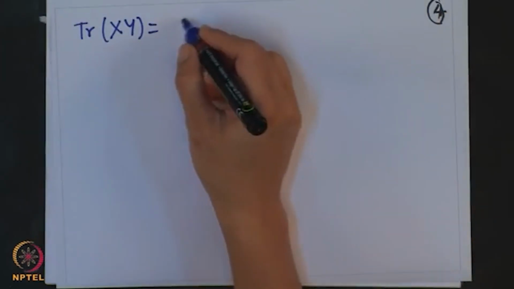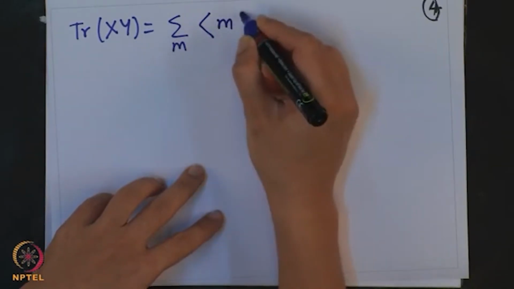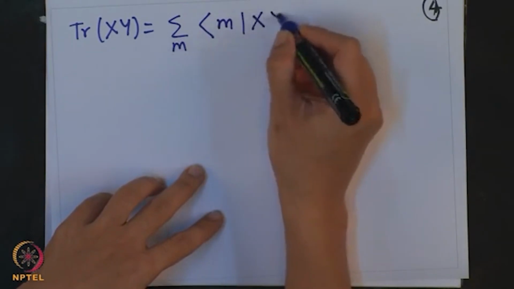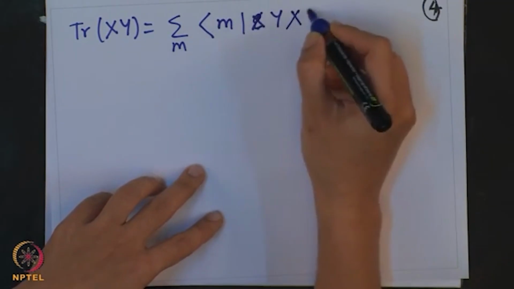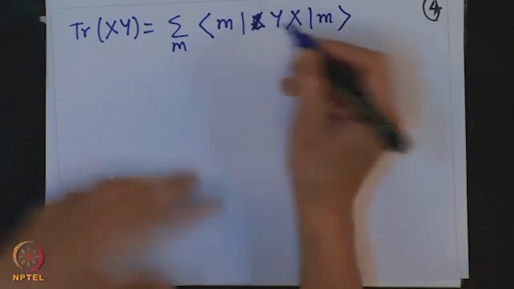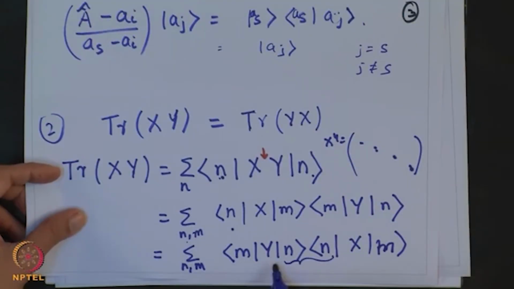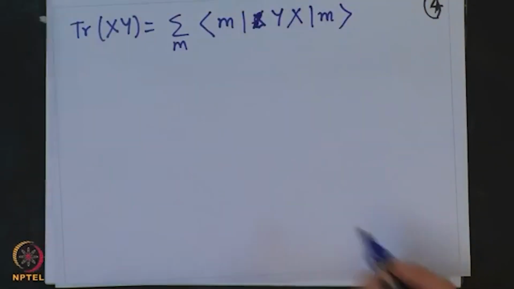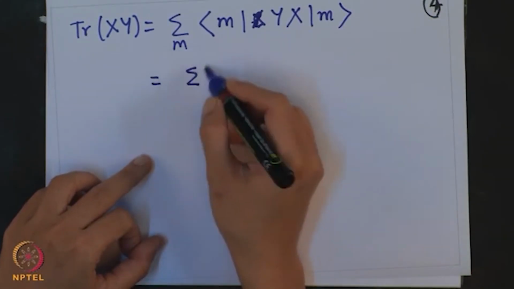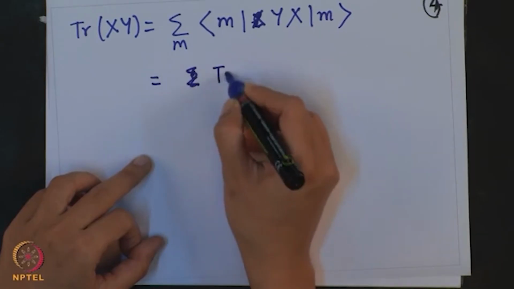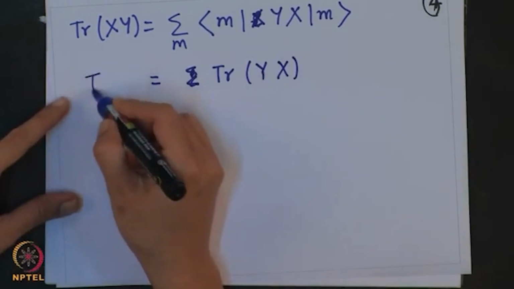I can again write this as m, trace of x and y will become now y times x, m. Okay. So, in the previous step you have seen that you have m, y and x. So, now this will be nothing but this trace I can rewrite again as trace of y times x.